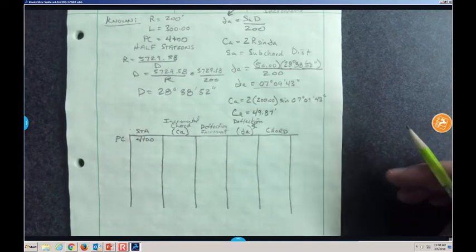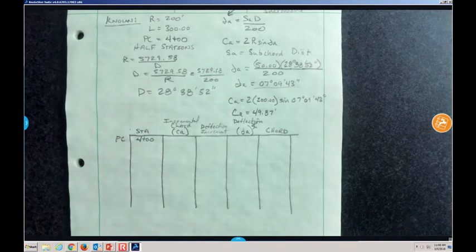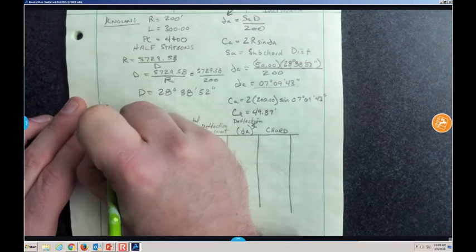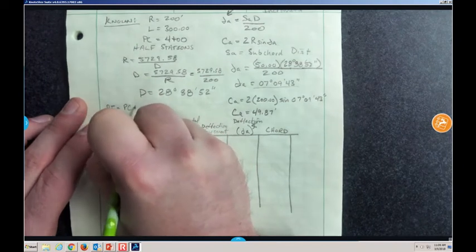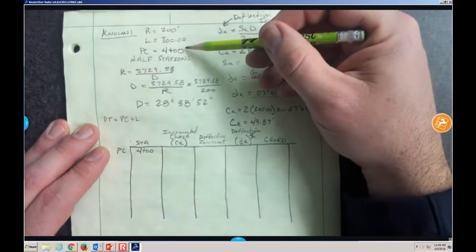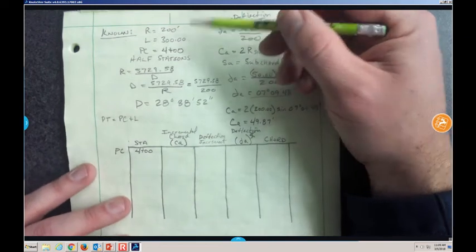So how do I find out what the PT is based on the stuff that we've been doing? What's the little formula that gives you the PT? PC plus L gives us the PT. All right, sounds good. So the PT is equal to PC plus L. Okay, so I'm given the PC and I have L. So if I add those two together, it gives me 700.